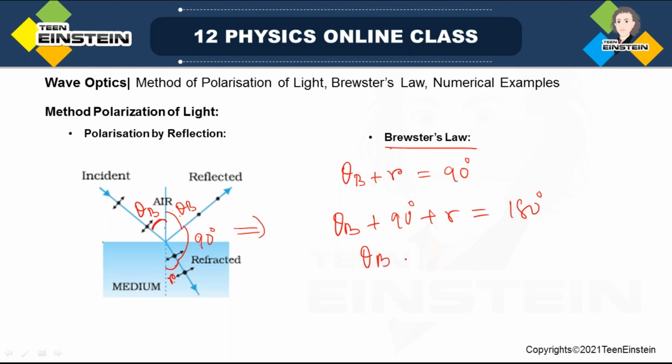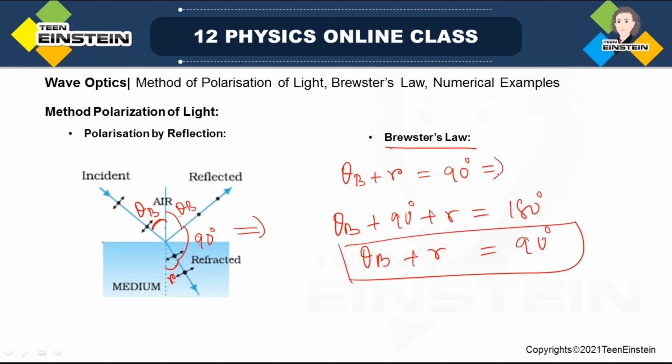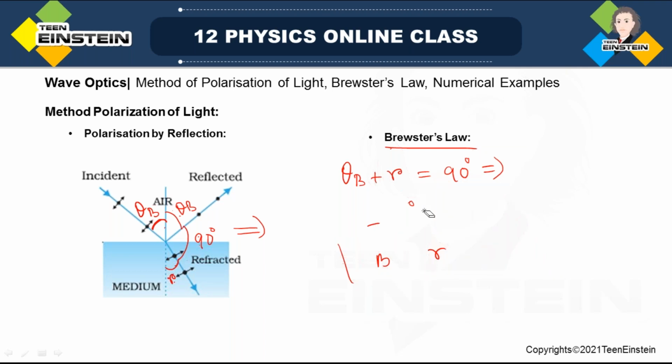Then theta b plus r is 90 degrees. So we can find r: r is 90 minus theta b. We'll keep it there.